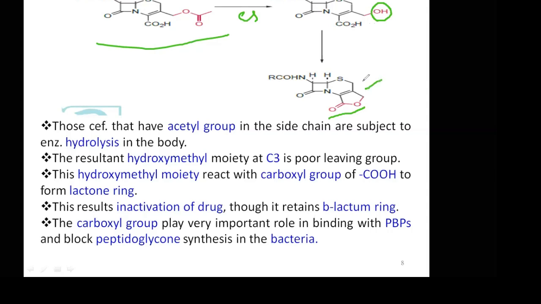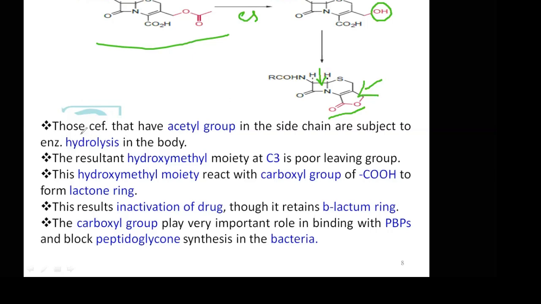See, a lactone ring is formed here. When there is lactone ring formation, there will still be a beta lactam ring, but it is not able to show any action. It doesn't show any biological activity.